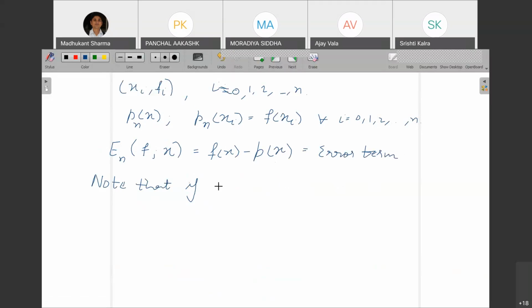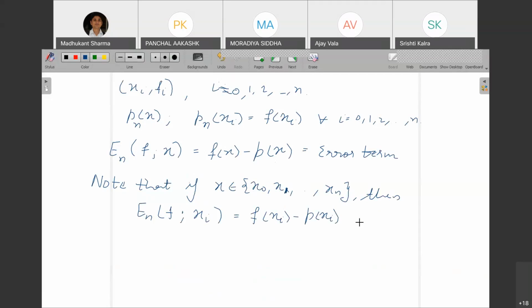If x belongs to the data set x naught, x1, and so on to xn, so x is equal to any of the nodal points, then what will be the error? The error at x equal to xi is f of xi minus p of xi.